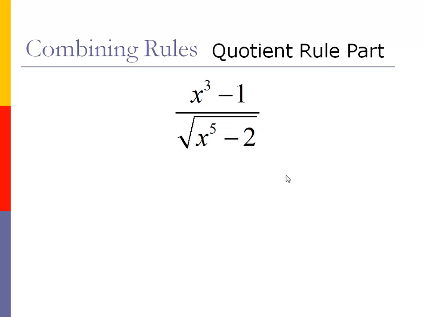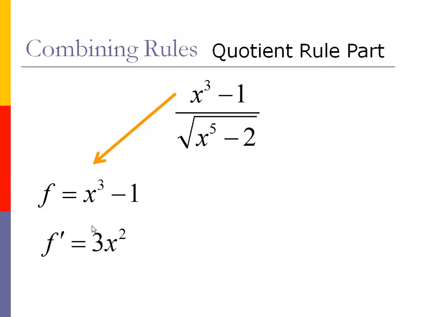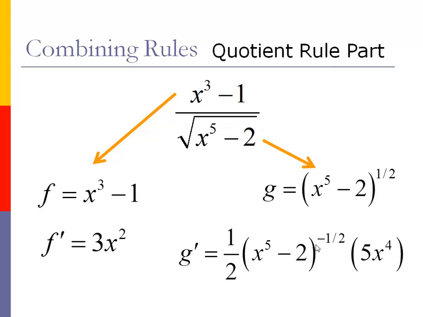So we realized earlier that we have to do the quotient rule on this. So we've got f of x, the top function we call f, and its derivative, 3x squared. So a nice straightforward power rule there. And then for the quotient rule, we also need the denominator. And so just recall, when doing the derivative of that, we're going to change that square root into a power 1/2. And then when we do the derivative, I got the 1/2, subtract 1, so that's why you see a negative half here.